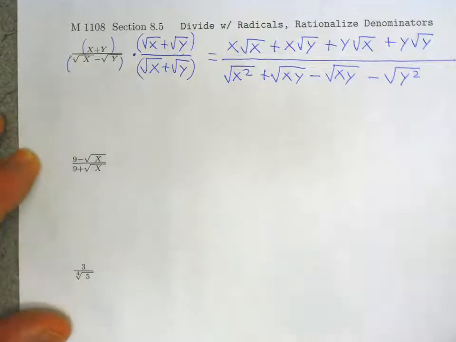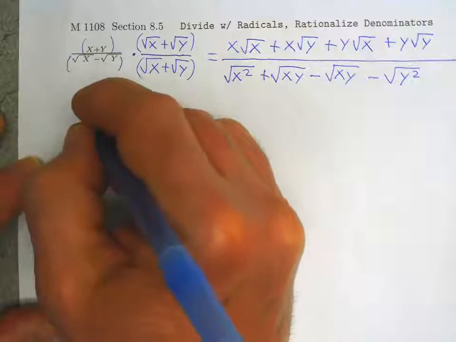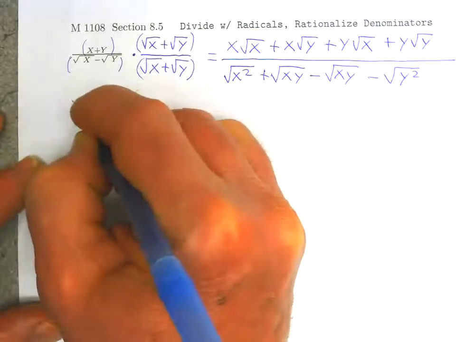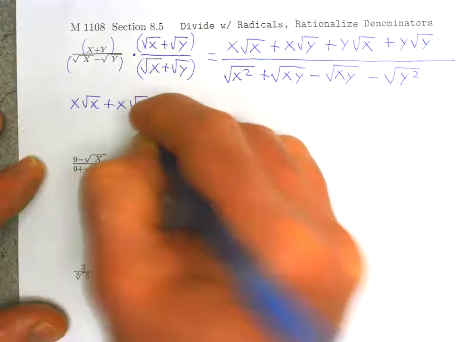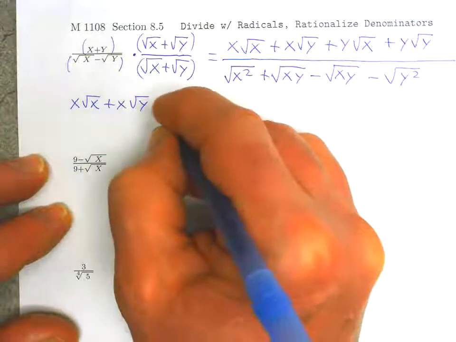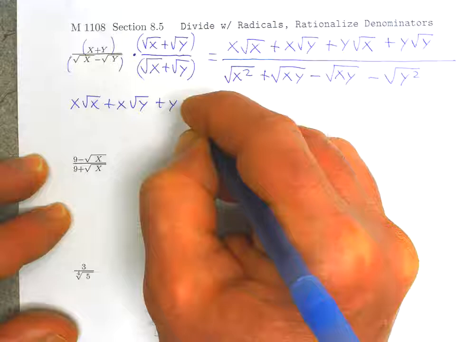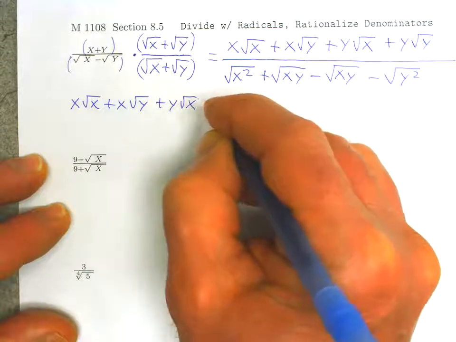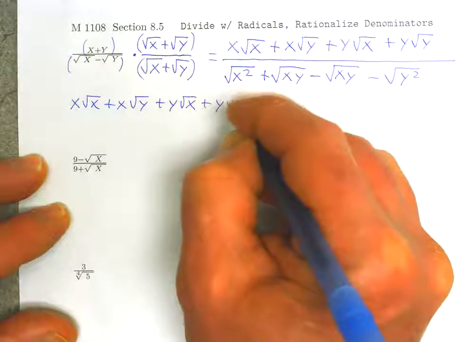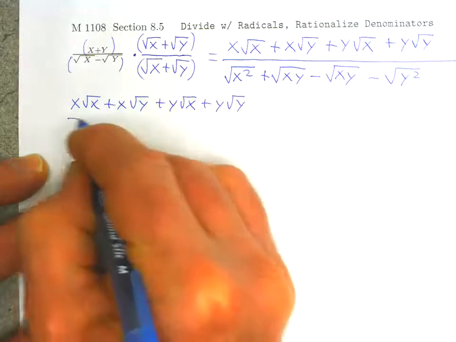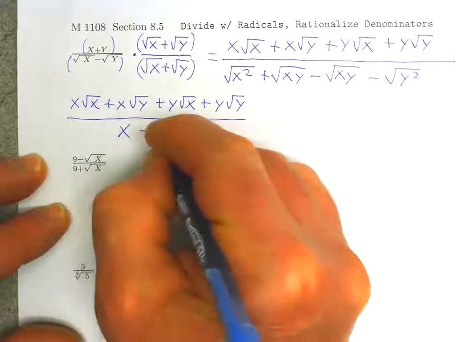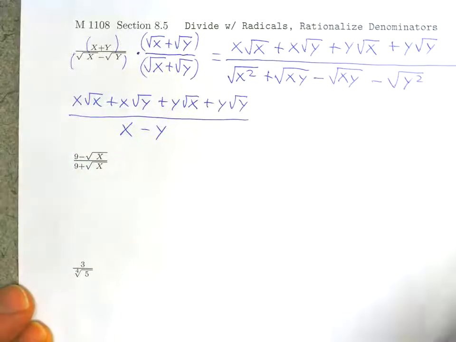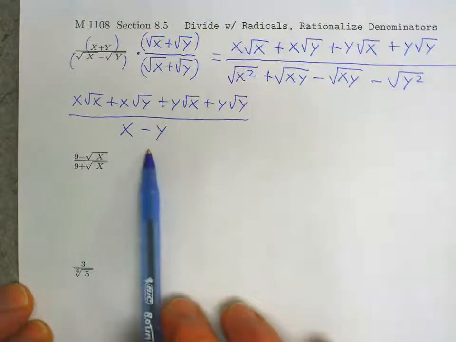So we write the entire numerator again: x times the square root of x plus x times the square root of y plus y times the square root of x plus y times the square root of y. And then the denominator just becomes x minus y. And there's no longer a square root in the denominator.